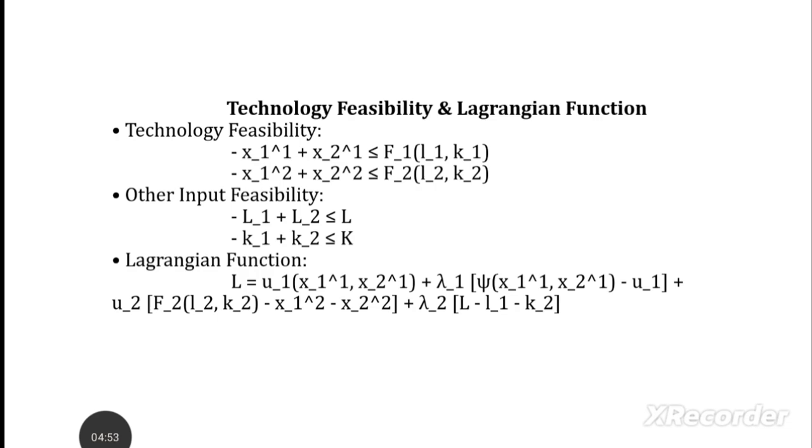To solve the Lagrangian function, we combine everything, where lambda is the Lagrange multiplier for consumer two's utility, and mu1, mu2 are multipliers of production feasibility of goods.